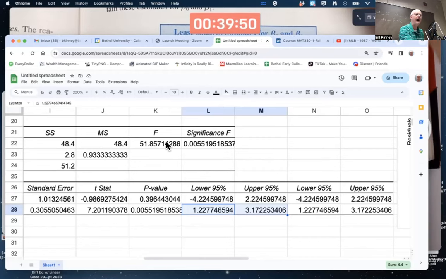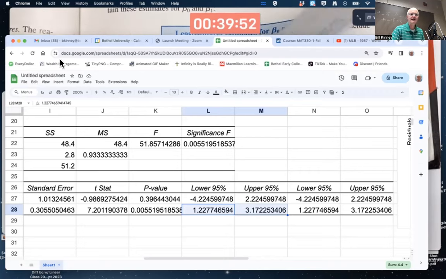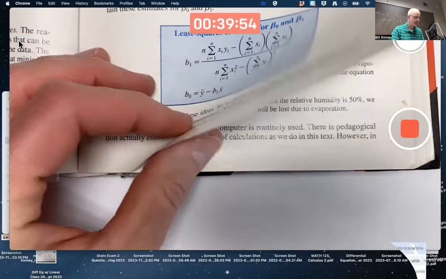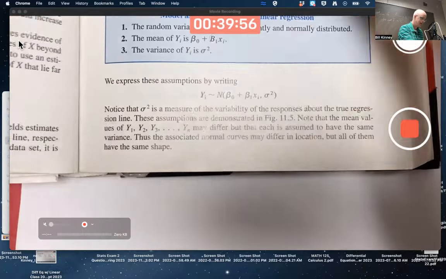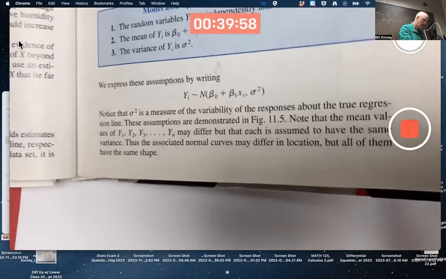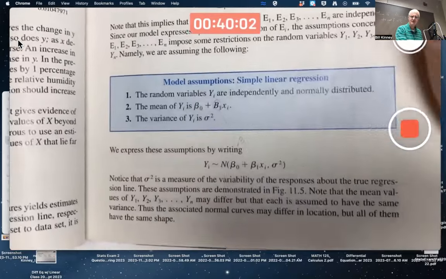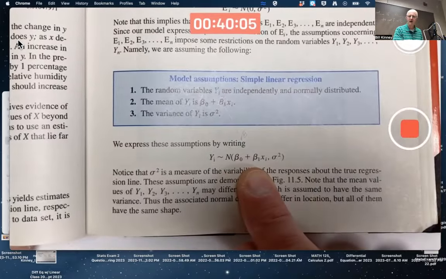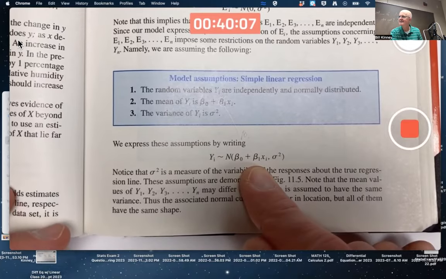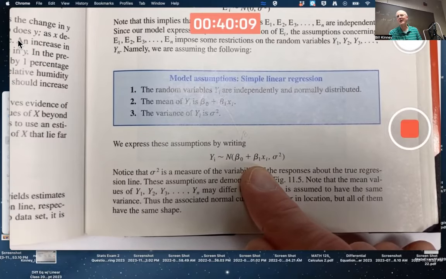What are the names of the population intercept and slope? They're not B's. They are betas. Beta 0 and beta 1. Oh, of course, Greek letters.